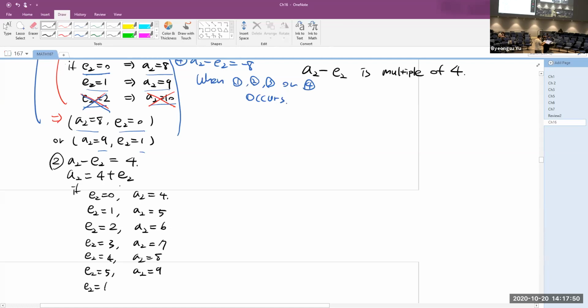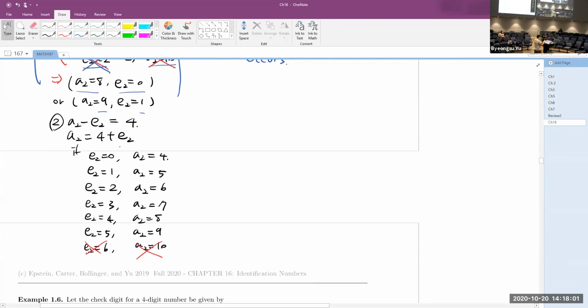But if E2 is 6, in that case, A2 is 10, but 10 is not allowed, right? So E2 being 6 is not a case here. And if E2 is greater than 6, 7 or 8 or 9, then again, it makes A2 a two-digit number, but this is not allowed in this case.